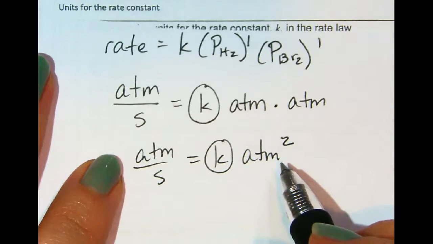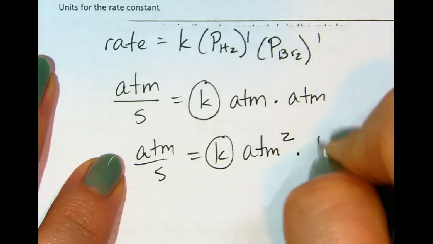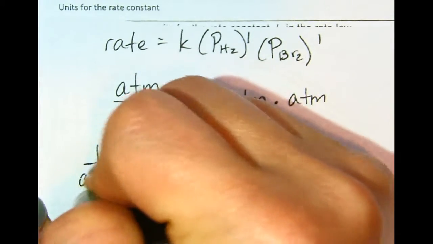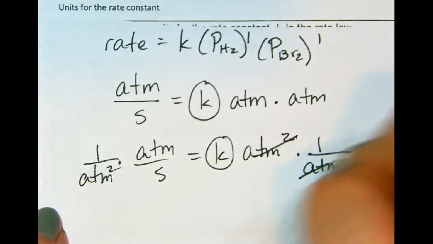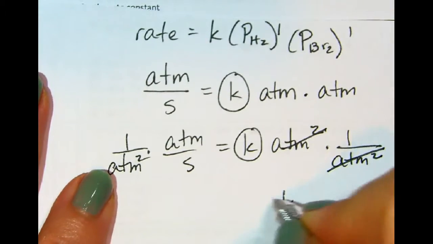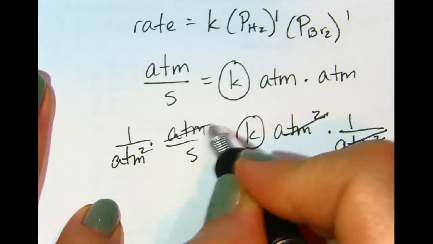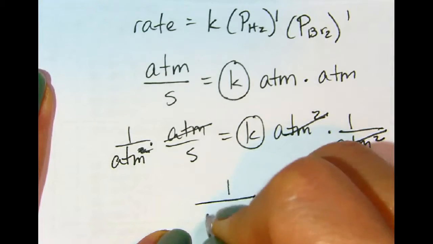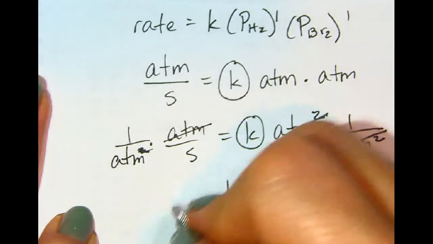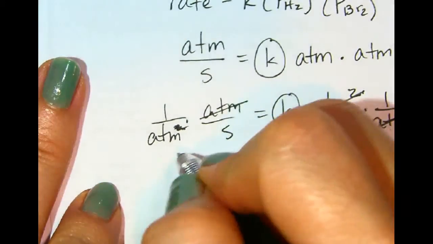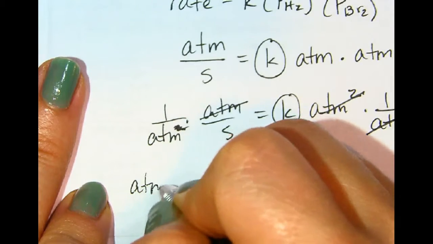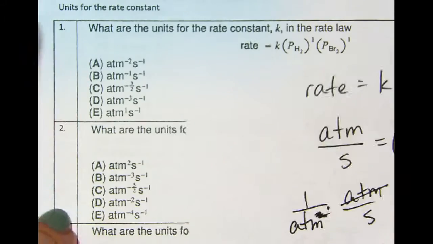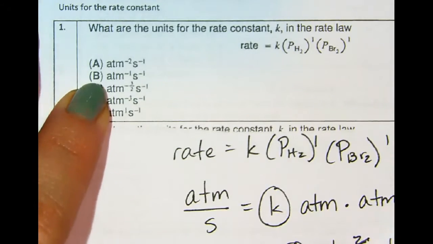And I want to get K isolated, so I'll multiply both sides by 1 over atmosphere squared. This will cancel, and so K is going to equal, notice that this atmosphere cancels with one of these two, and I'm left with 1 over atmospheres seconds, which is the same thing as saying atmospheres to the -1 times seconds to the -1. And so the correct answer is going to be letter B.